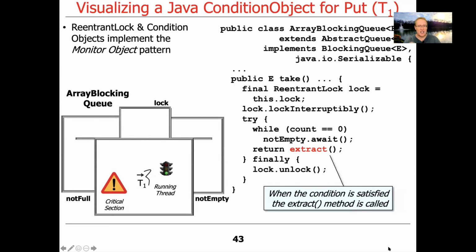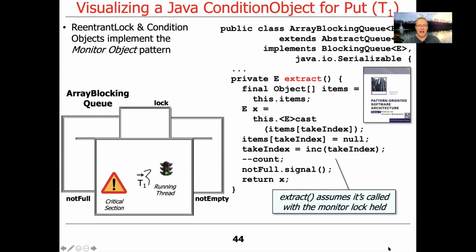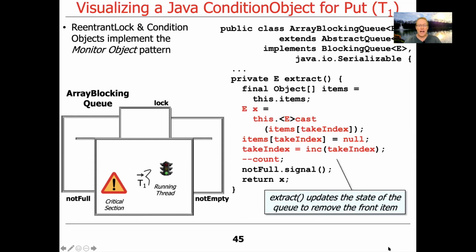Assuming that the condition is actually satisfied, in other words, the count is greater than 0, we're going to call the extract method. And here's what extract does. It also assumes that the monitor lock is held using the thread safe interface pattern we talked about before. It goes ahead and grabs the item.